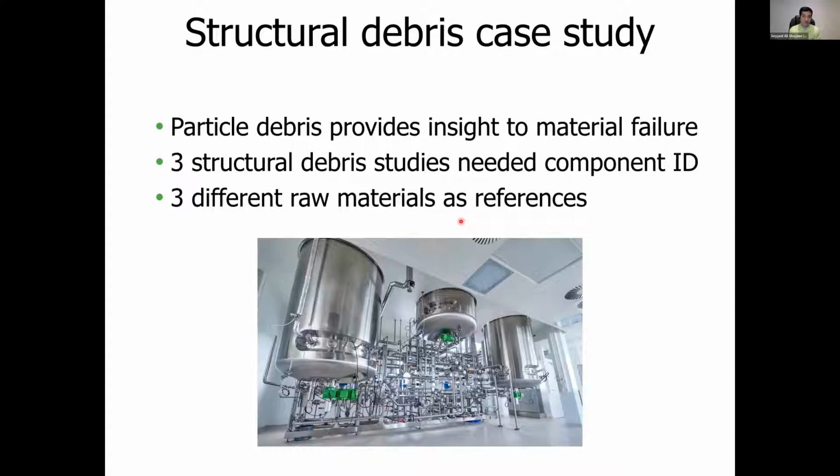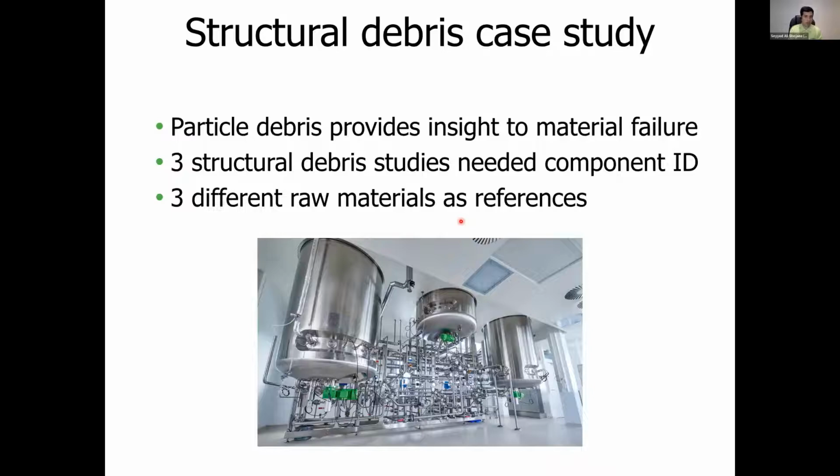They also provided us with 3 different kinds of raw materials that they had used in constructing that structure that had failed. So we used those 3 different raw materials to create a custom database and then match the materials in the debris to those raw materials.